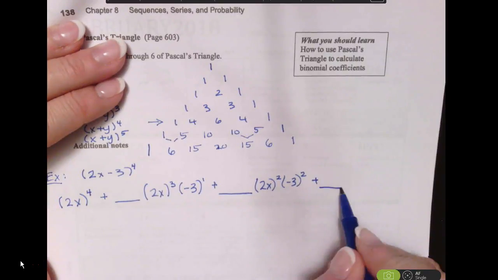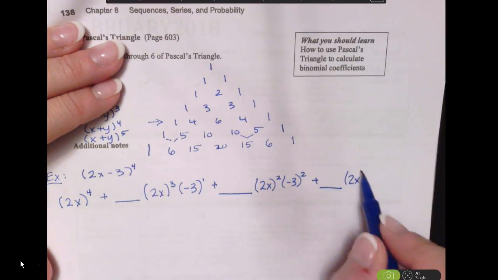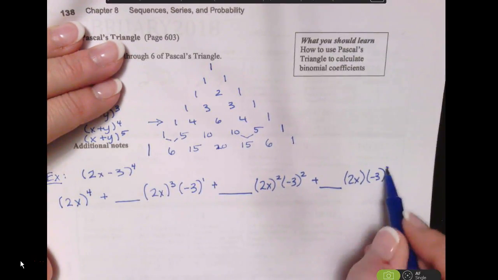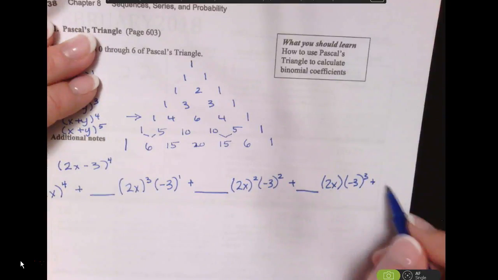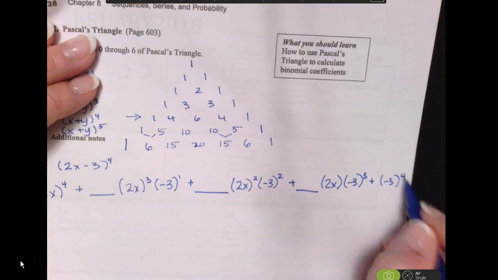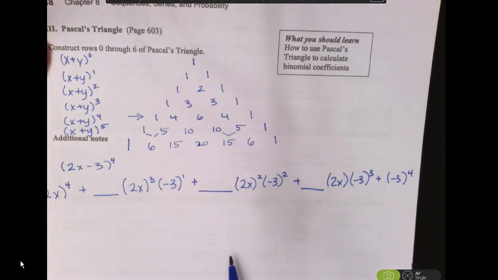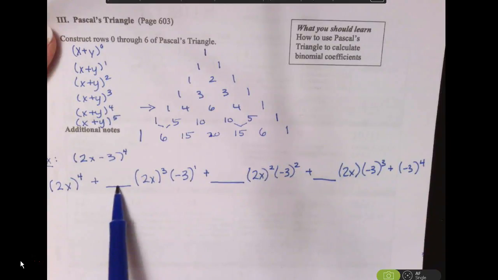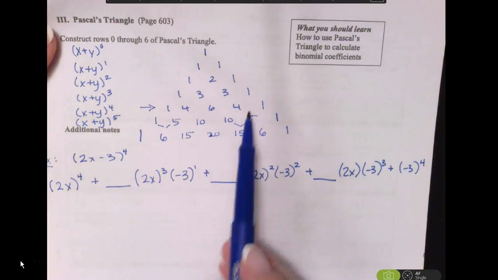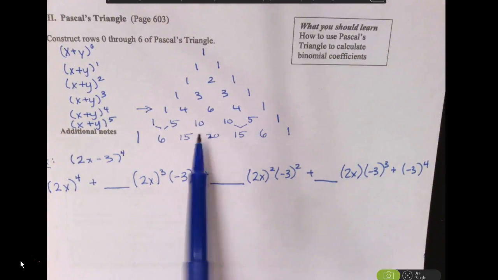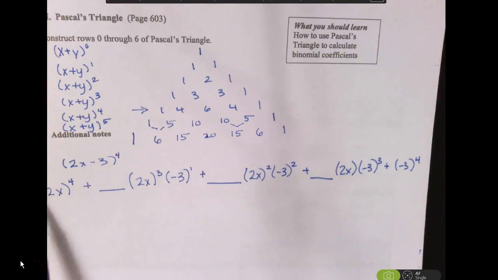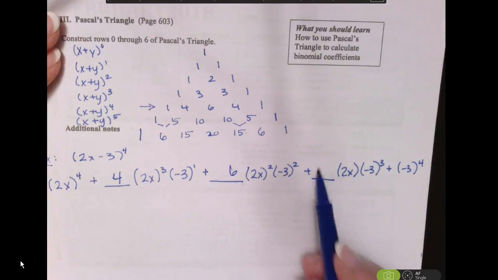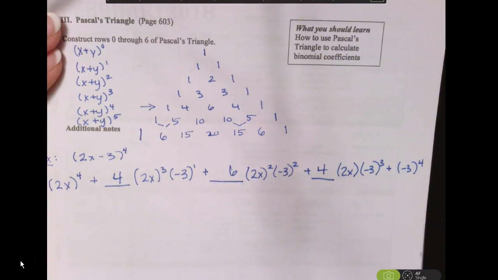Then I need a coefficient, my 2x term to the 1st power, and my y term to the 3rd. Then my y term will be to the 4th. So now I'm going to fill in the blanks. I could either use the combination function if I don't have Pascal's triangle handy, or I can just fill in. So this was 1, this is 4, 6, 4, and then that's a 1 again.